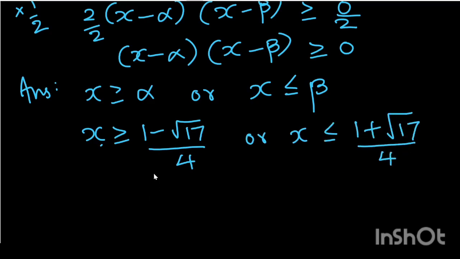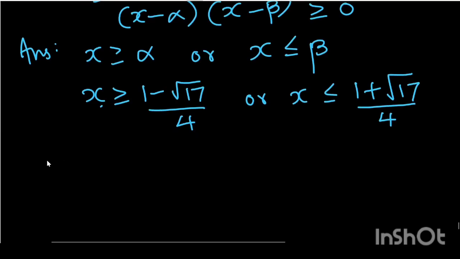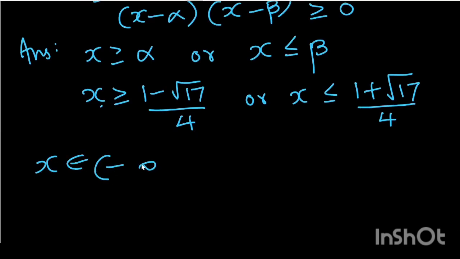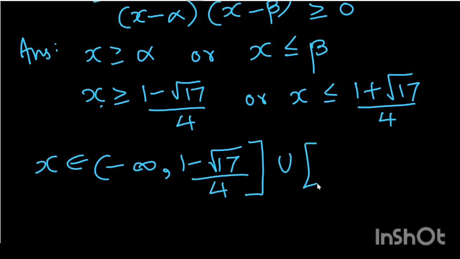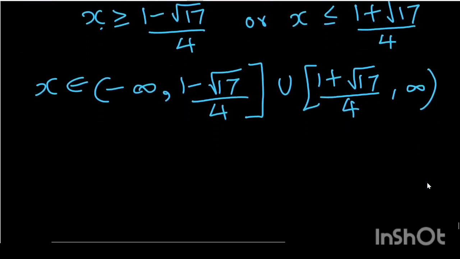And in interval form we can write it like this: x belongs to minus infinity to 1 minus root 17 by 4, closed interval, square bracket, union, square bracket 1 plus root 17 by 4 to infinity, open bracket. So this is the final answer.